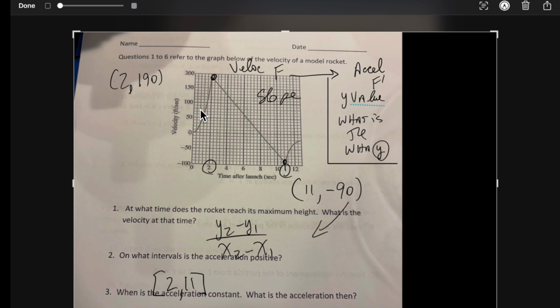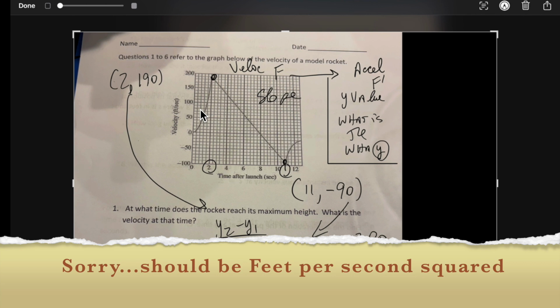When we plug these numbers into this formula, we're going to get a slope of negative 280 over 9, or negative 31.1. So when they ask for the acceleration, it is going to be negative 31.1 feet per second squared.